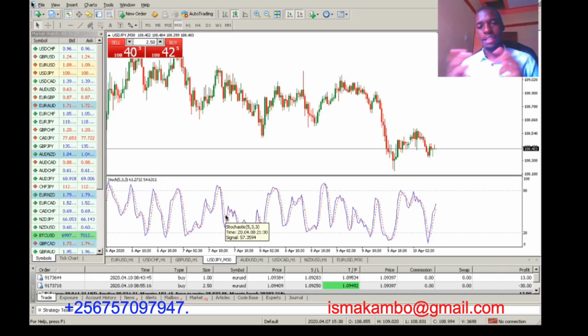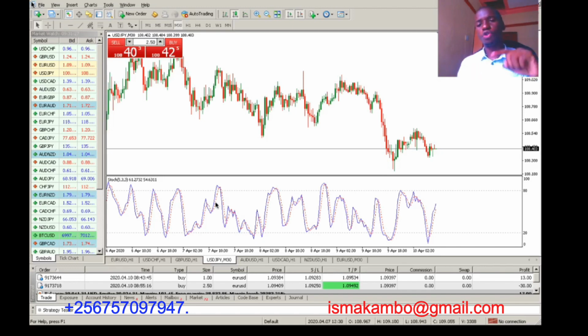The bold line is percentage D, and then the dotted line is percentage K. Percentage D is basically the stochastic itself, and the dotted line, percentage K, is the moving average of the stochastic.